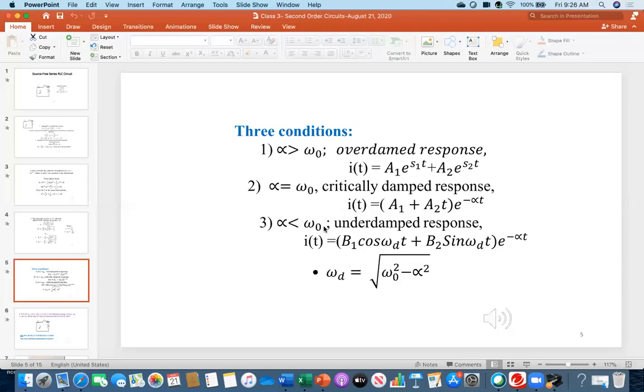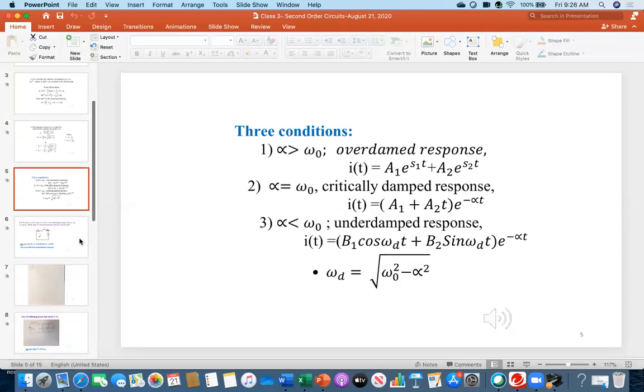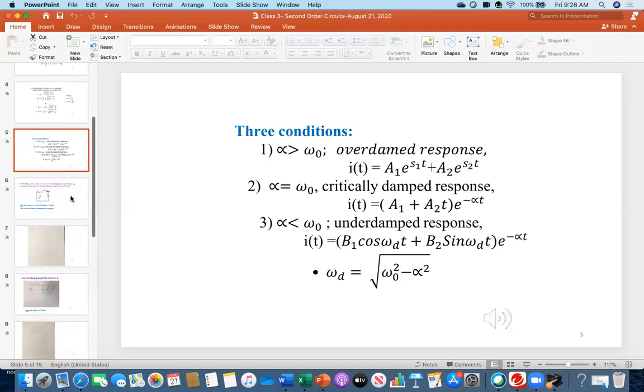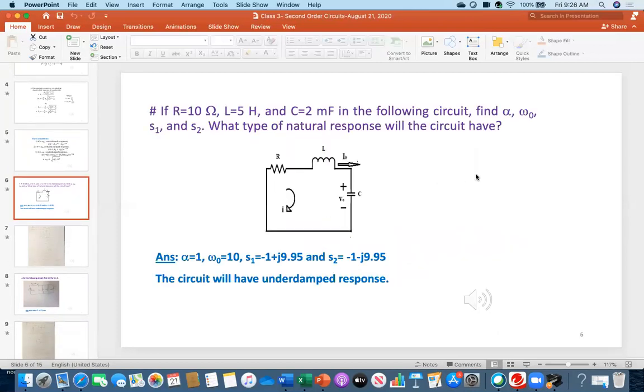Based on this information, now let's have a look at a numerical example. See this example. If R equals 10 ohm, L equals 5 Henry, and C equals 2 millifarad in the following circuit, find alpha, omega naught, S1 and S2.